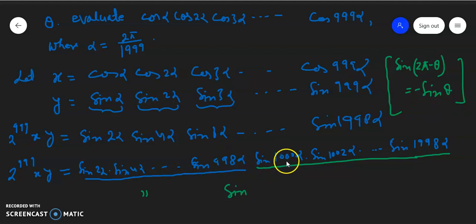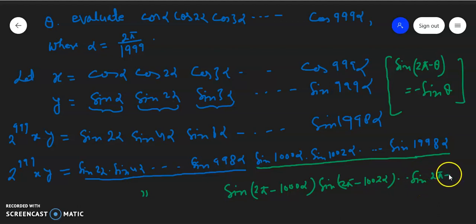Sine 1000 alpha can be written as sine of 2 pi minus 1000 alpha, and this next term as sine of 2 pi minus 1002 alpha, and so on. The last term will be sine of 2 pi minus 1998 alpha, right?